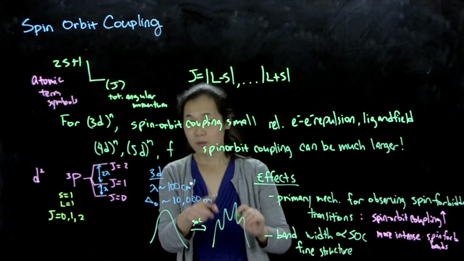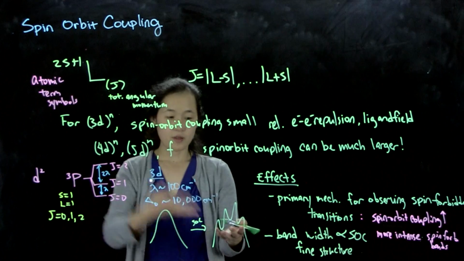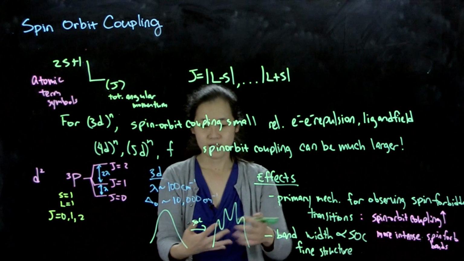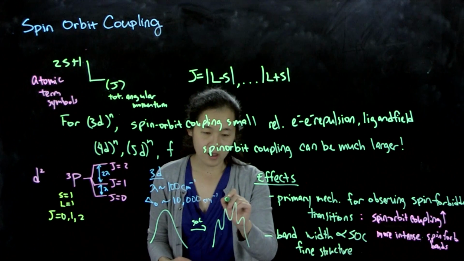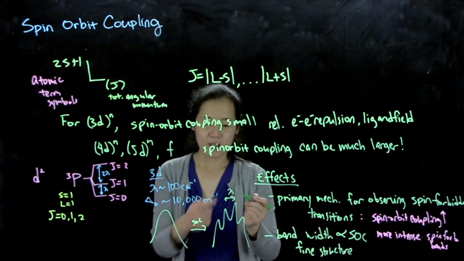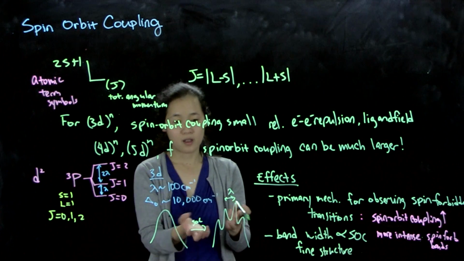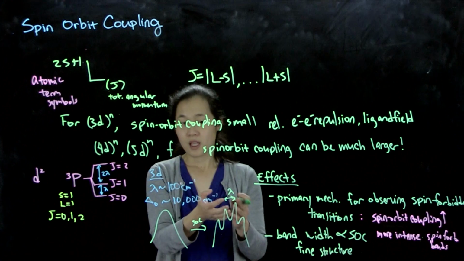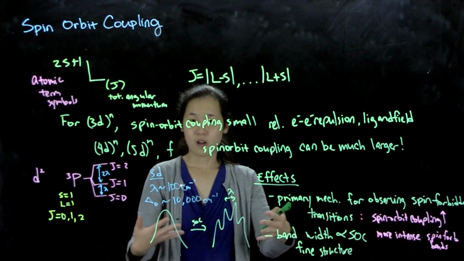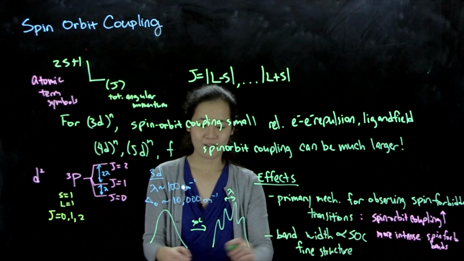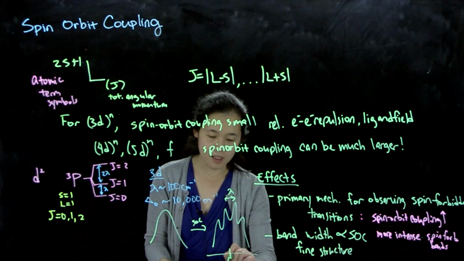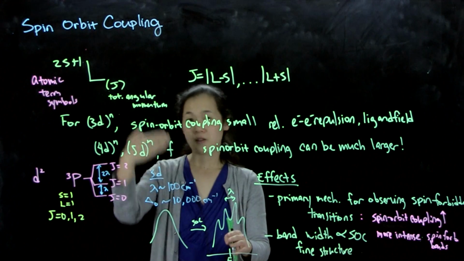These are the splittings from our spin-orbit coupling, and our band shape will end up looking like this. If this is lambda, our spin-orbit coupling parameter, how much these are split is going to be smaller than the overall energy of where your transition actually is. So this is the energy of going from the ground state to the excited state.